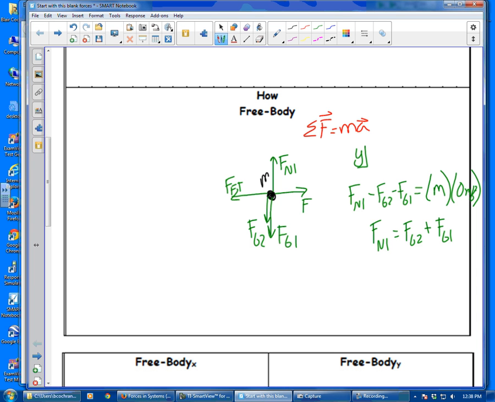Yes? No? Fg2, that's the weight, so that would be mg. Fg1 also has the weight of mg. So it'd be 2mg.